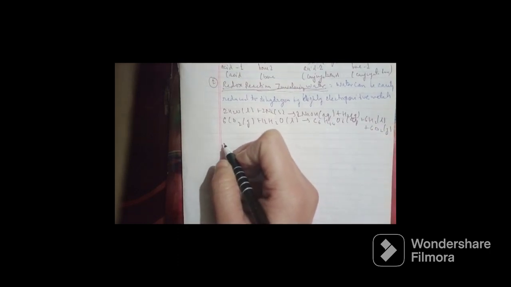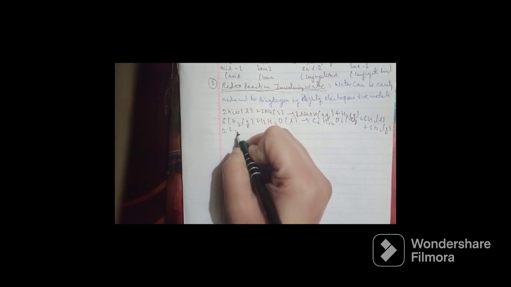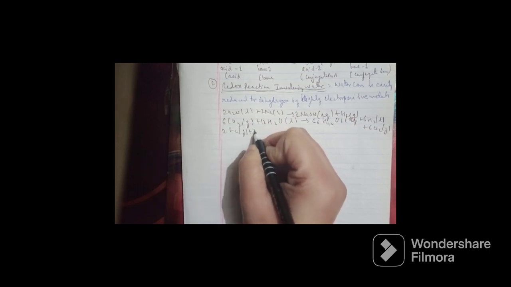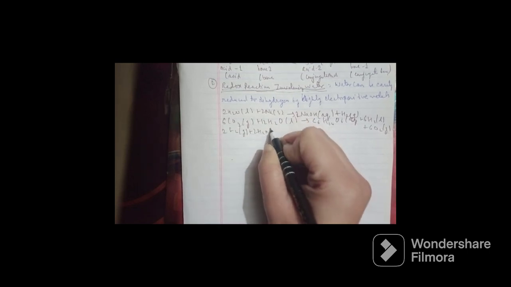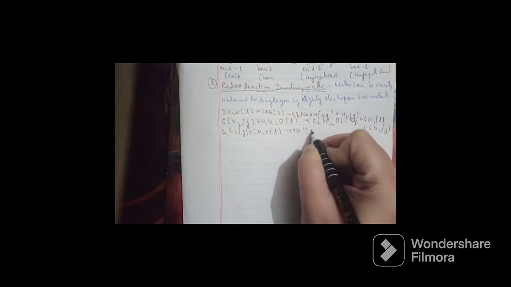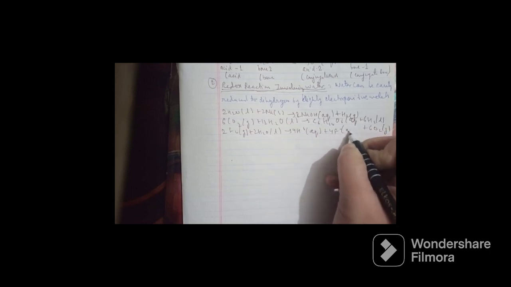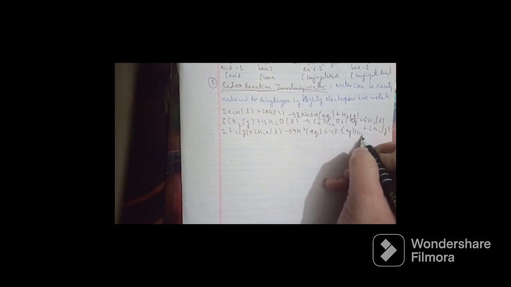With fluorine also it is oxidized to O2: 2F2 gas plus 2H2O liquid gives 4H plus aqueous plus 4F minus aqueous plus O2 gas.